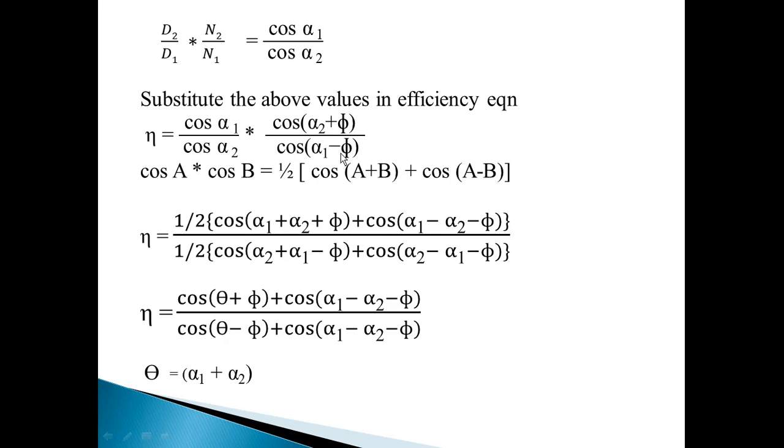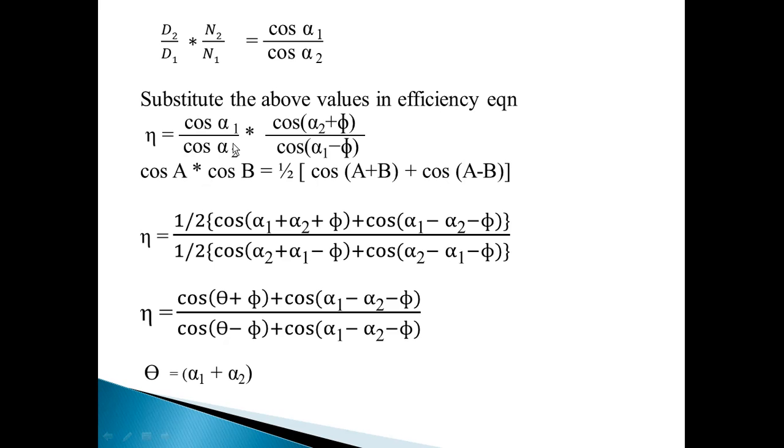Once again, we can modify it by using trigonometric formulas. One of the trigonometric formulas for the cos function is cos a into cos b is equal to half of cos of a plus b plus cos of a minus b.